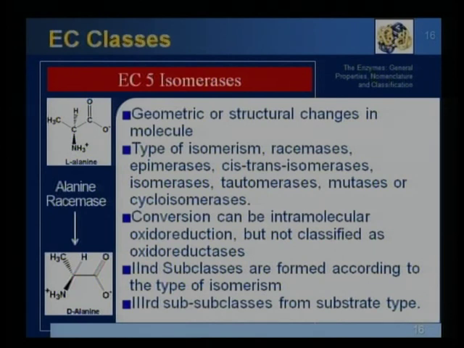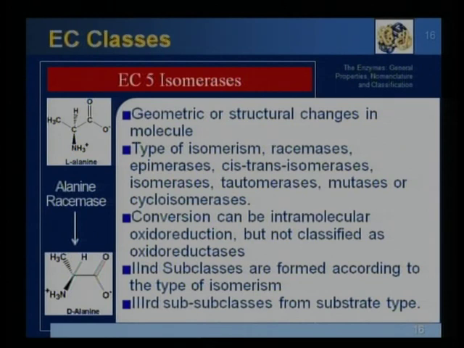There are simple isomerases, and tautomerases which are able to carry out tautomeric shift in the molecule. There are mutases and cycloisomerases which carry out mutarotation of the compound, maybe cyclization of a compound. So, in a way, this type of enzymes are not carrying out a C change in the molecule, but they are simply converting one isomer into another isomeric form.